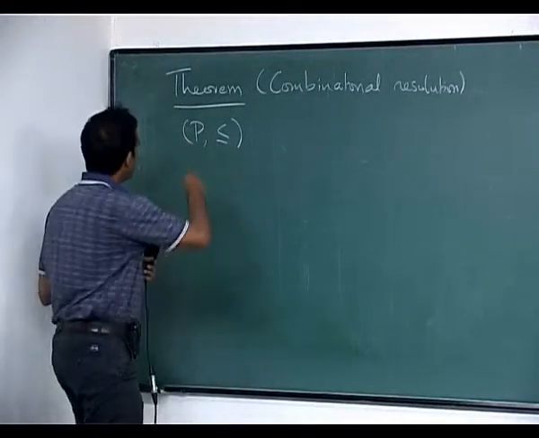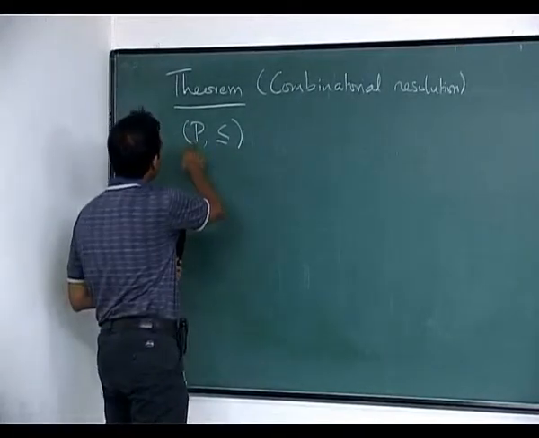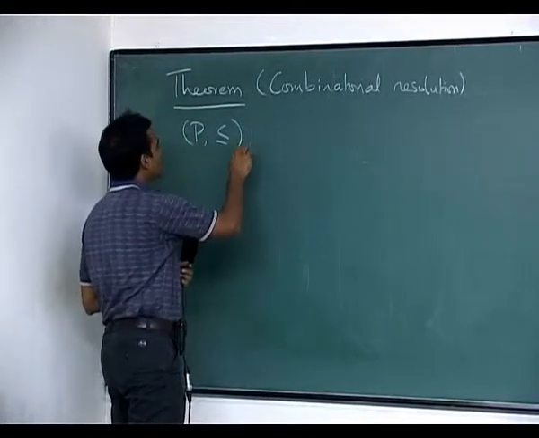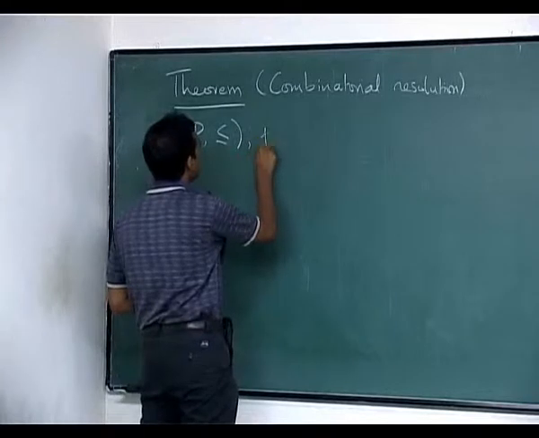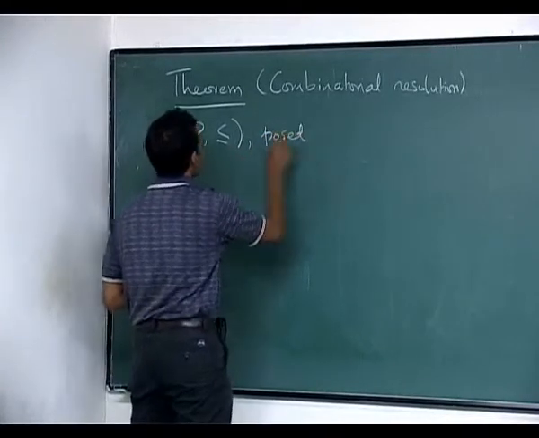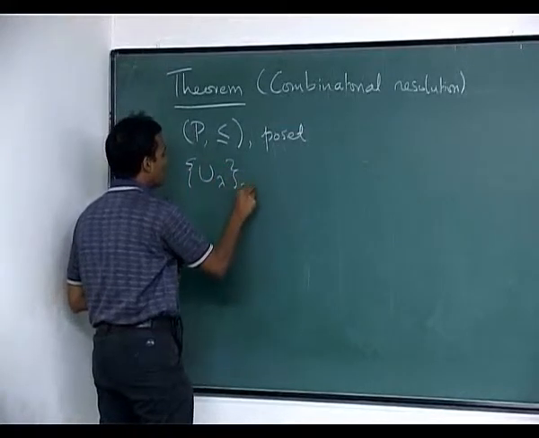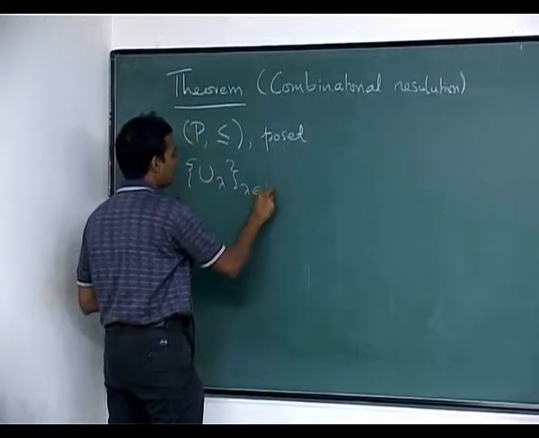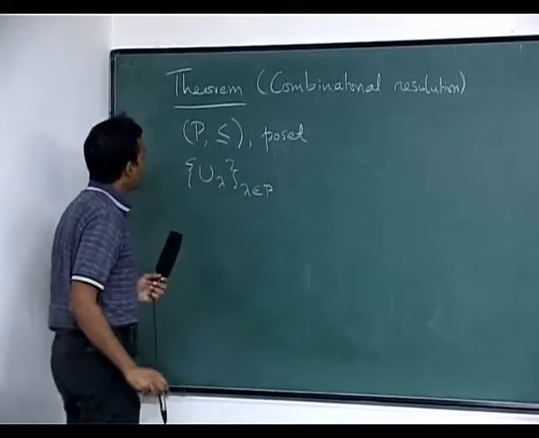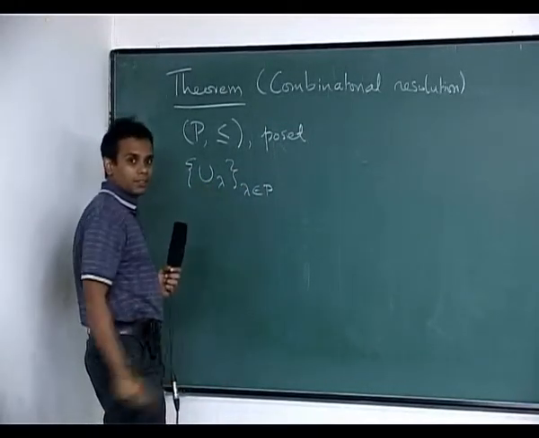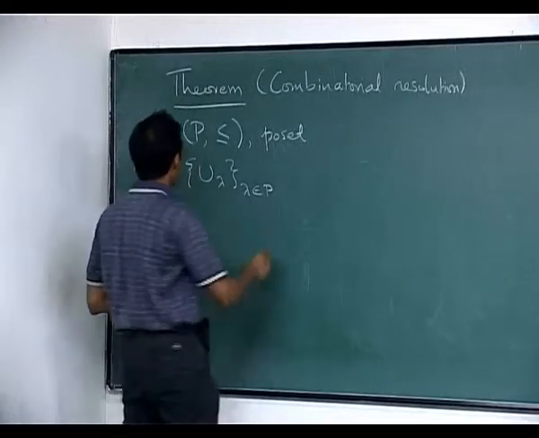So here we have a partially ordered set. It's a set P with this binary relation less than or equal to, and we have a family of representations u lambda where lambda is in P. In our example, these will be the permutation representations k x lambda.